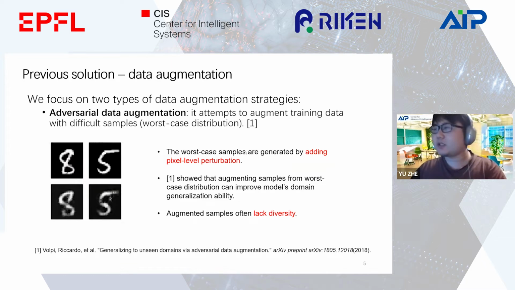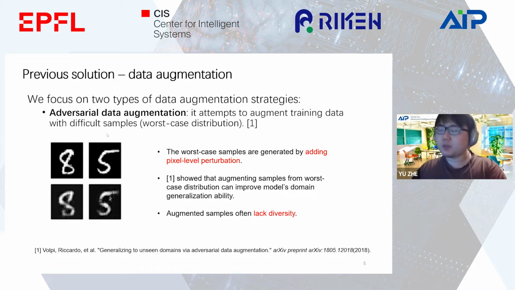Data augmentation is one of the most common ways to solve the domain generalization task, and we focus on 2 types of data augmentation strategies. The first is adversarial data augmentation. It attempts to augment the training data with difficult samples, which we can consider as drawn from worst-case distributions.